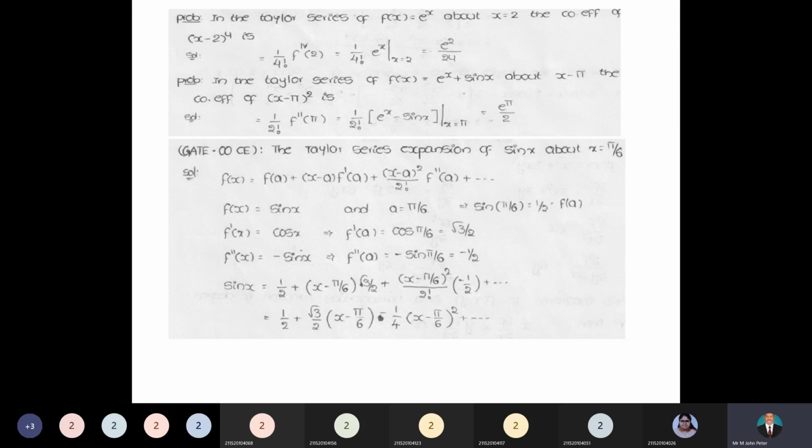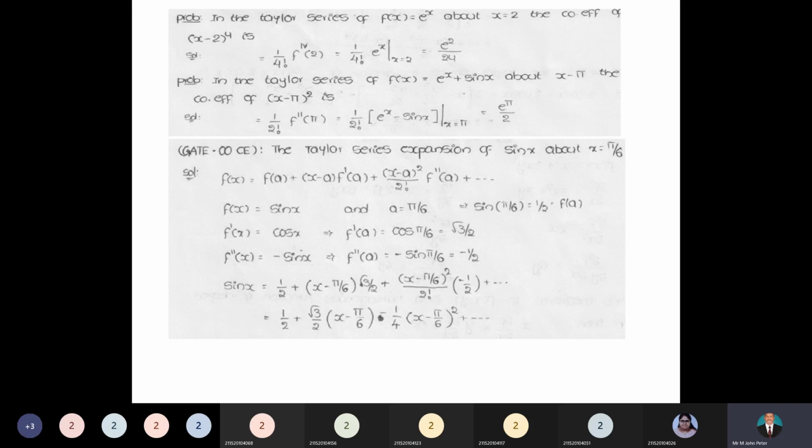First write the series, then find the derivative, ordinary function only. Sin x gives cos x, differentiation gives minus sin x. Then substitute the value pi by 6, which is nothing but 30 degree. So sin 30 degree is nothing but 1 by 2. First, the direct function value f of pi by 6. Next, f dash of pi by 6, cos pi by 6.